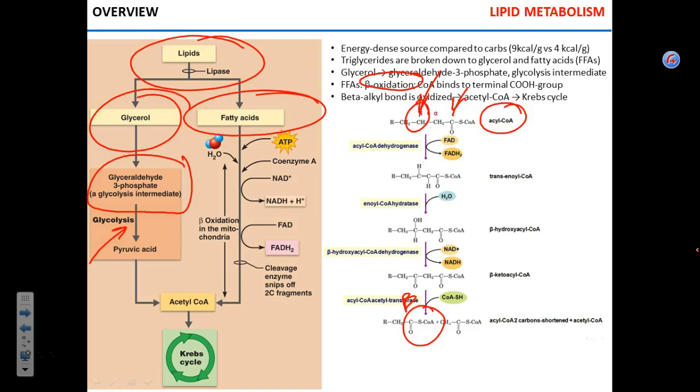What essentially happens, these two carbons are removed. Okay, these two carbons are removed. And when they are removed, they form a molecule of acetyl-CoA. Okay? That makes sense? Basically what happens, you have a chain of carbons. That's a free fatty acid. A chain of carbons.